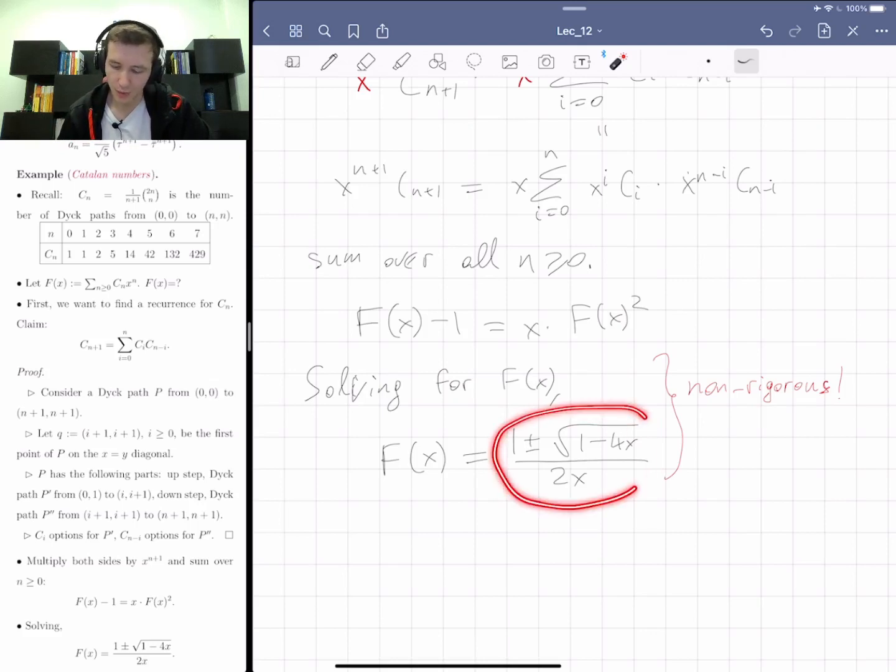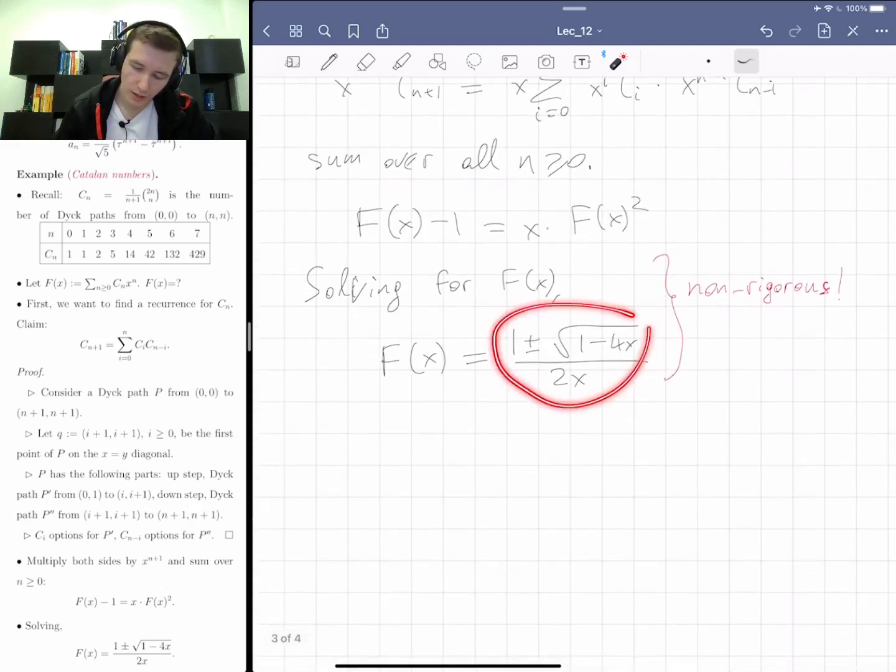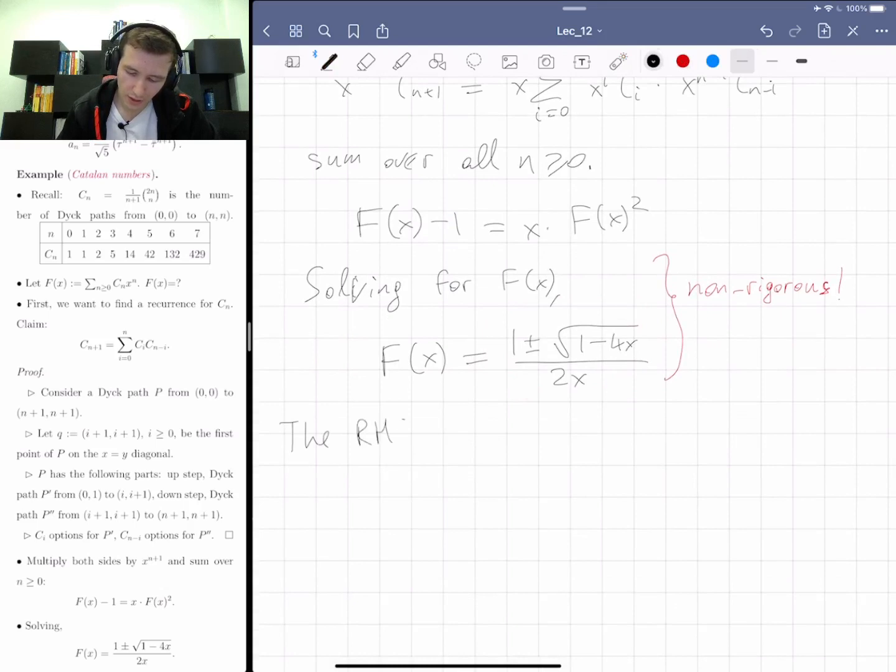And as we discussed, x is not invertible as a formal power series. So the right-hand side does not really make sense as a formal power series.